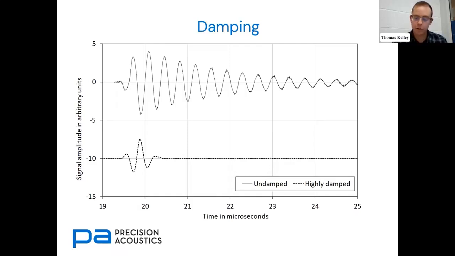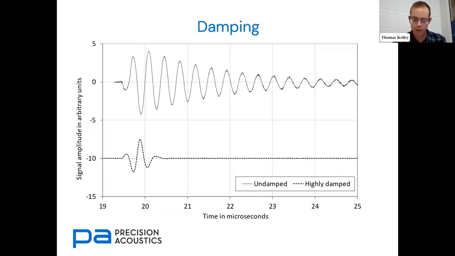So it's not great if you're looking to resolve an echo from two sides of a thin sheet of metal, for example, but it's ideal if you're looking to generate a high amplitude wave with enough energy to interact with something, maybe a therapeutic medical device or a high power ultrasonic welding or cleaning transducer.